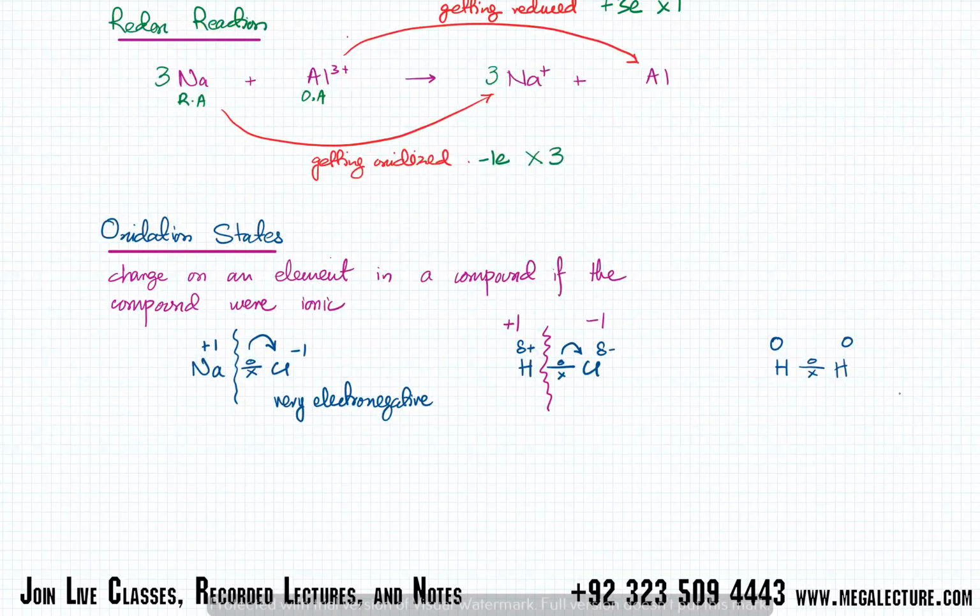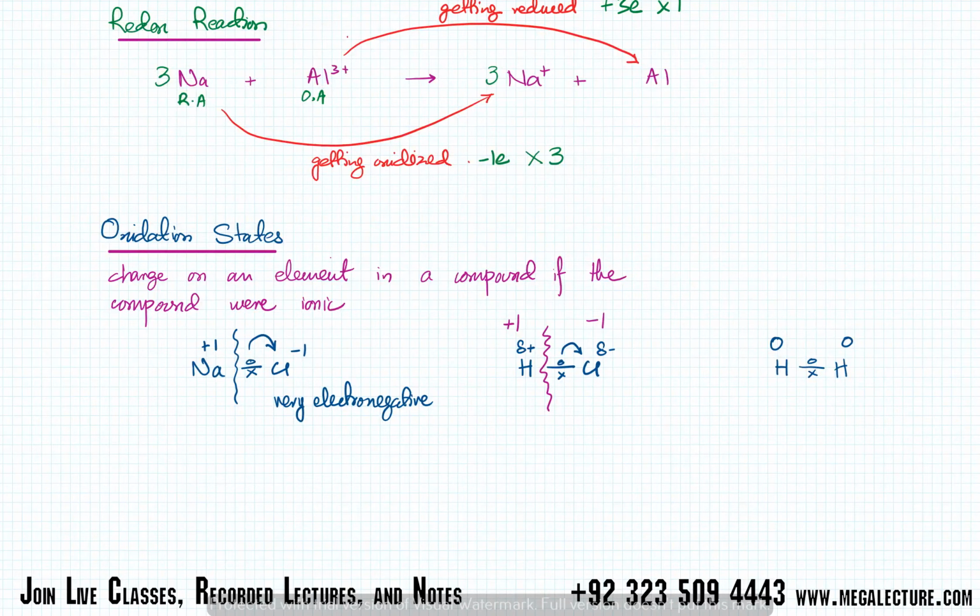So that's the basic idea of how you figure out oxidation states using electronegativity, and you can apply this to any molecule, any compound. It's going to be applied in exactly the same way.